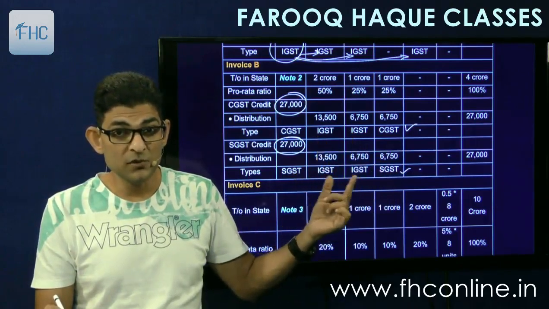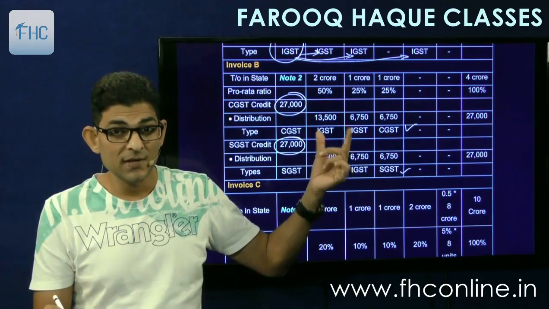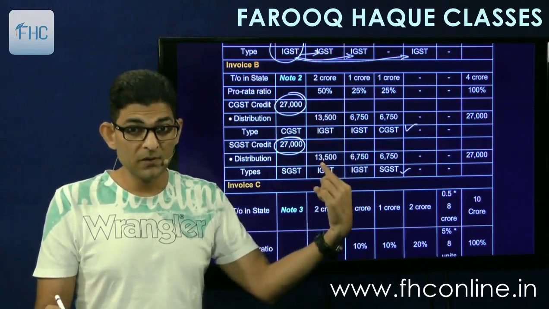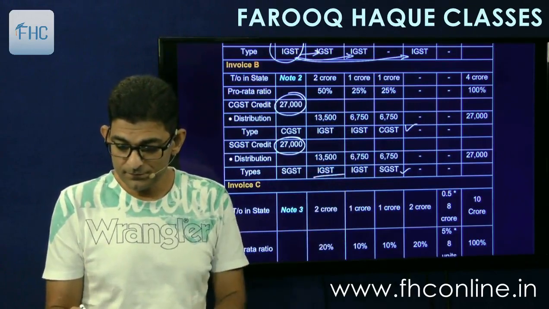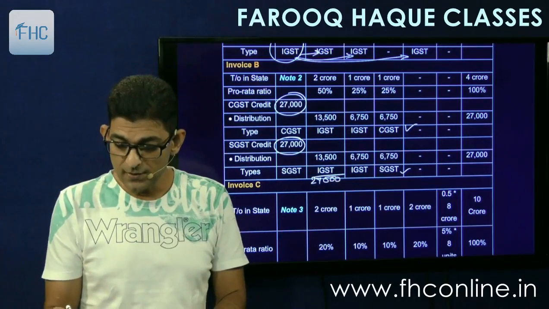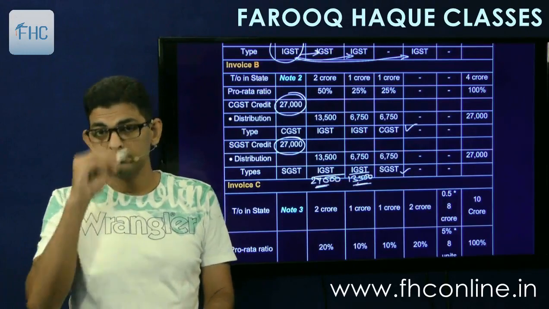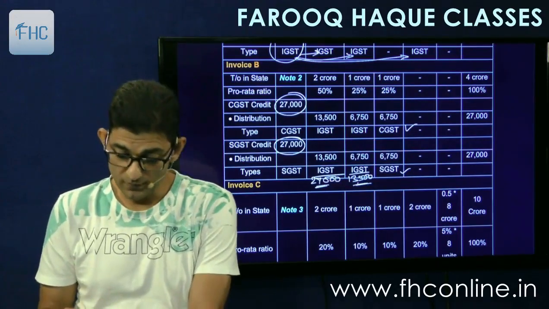So SG will be distributed as IG, CG will also be distributed as IG. So here you will have to take this total. So for this unit, the total will become 27,000 IG, and here it will be 13,500 IG. Okay.